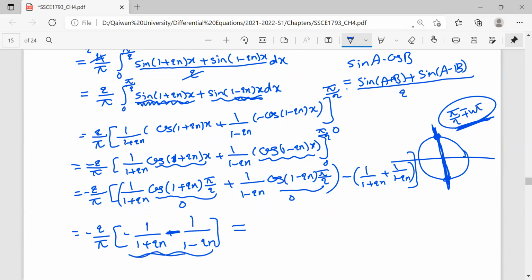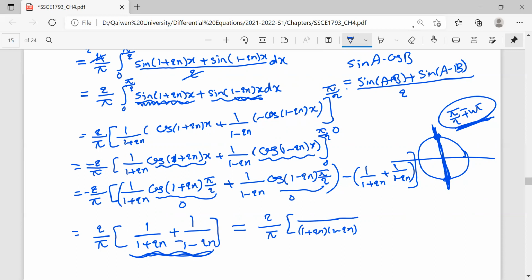Here we are going to find the common denominator. The common denominator is (1 minus 2n) times (1 plus 2n). Taking the negative sign as common makes everything positive.